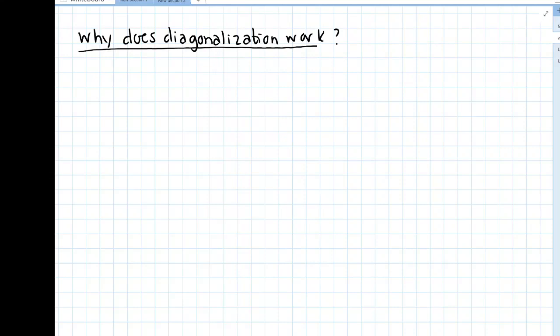The premise of diagonalization is that you're writing a matrix A as P, D, P inverse. I mentioned this last time, but I just want to write it out again.